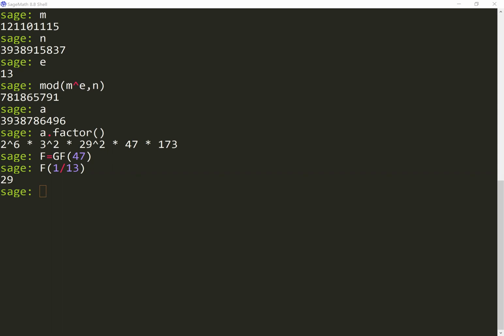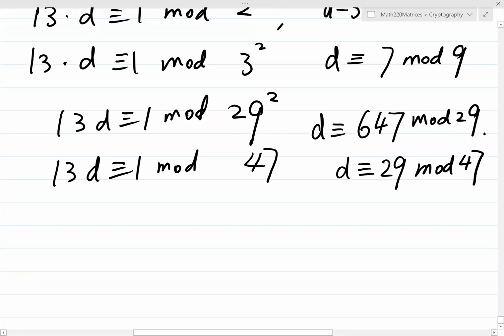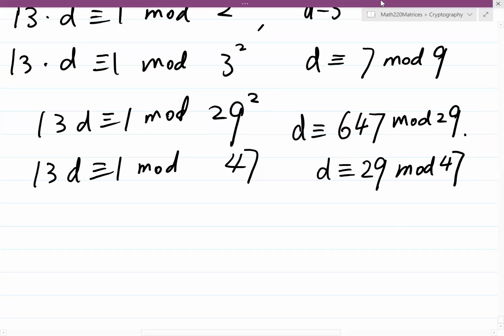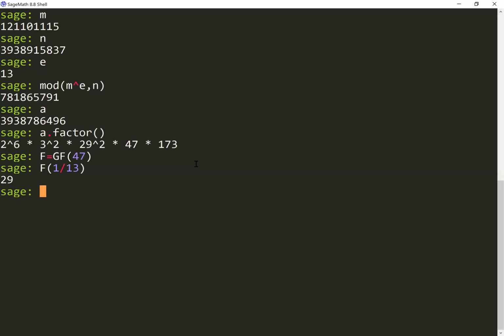Now how do we solve 13d congruent to 1 mod 29 squared? We can do the same. Let H be the integer mod ring of 29 squared.